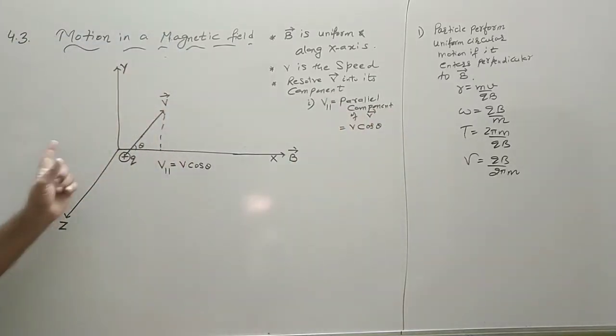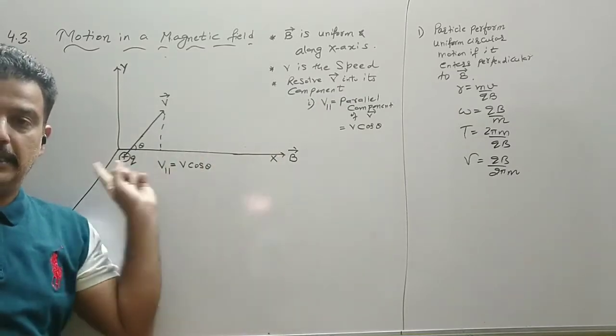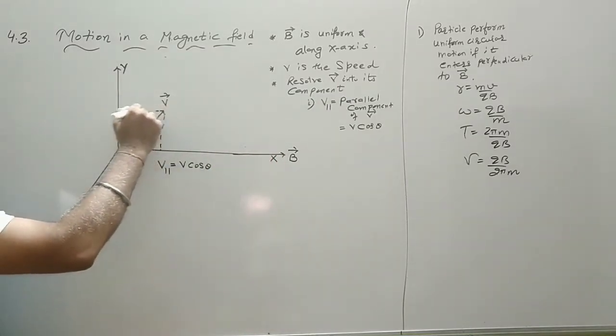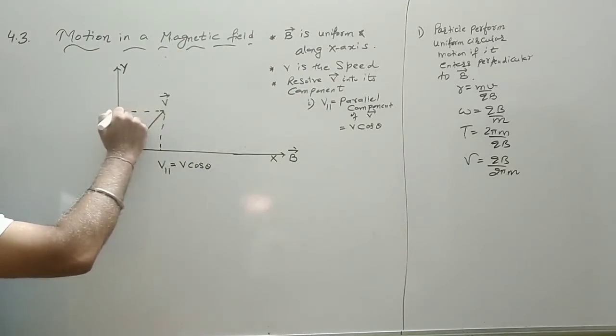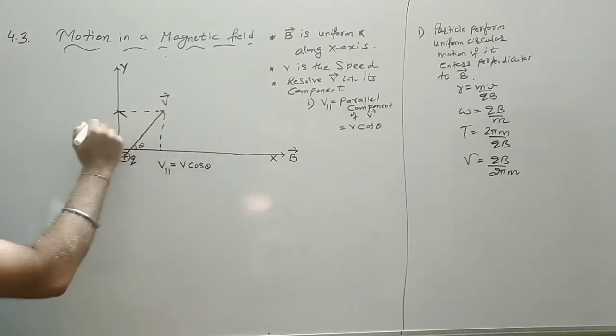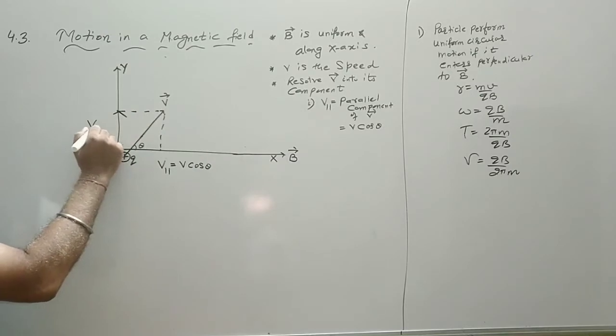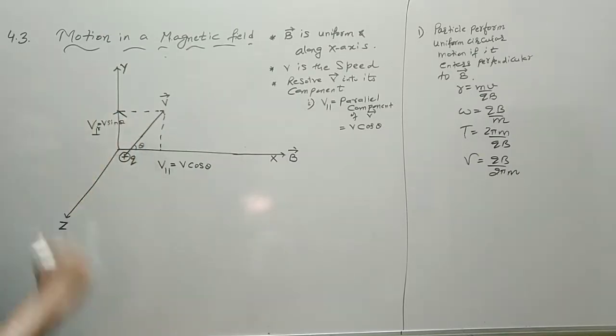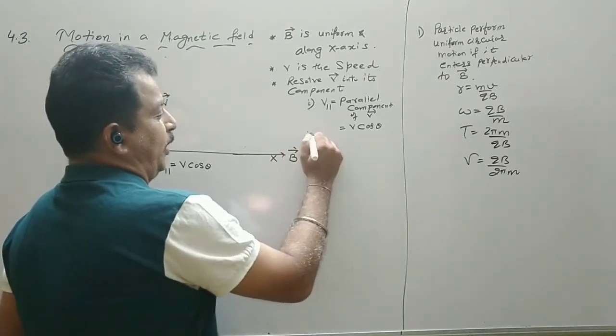So it comes out along the x-axis or in the direction of B. Resolving this, its perpendicular component, we denote it by V perpendicular, that is equal to V sin theta.